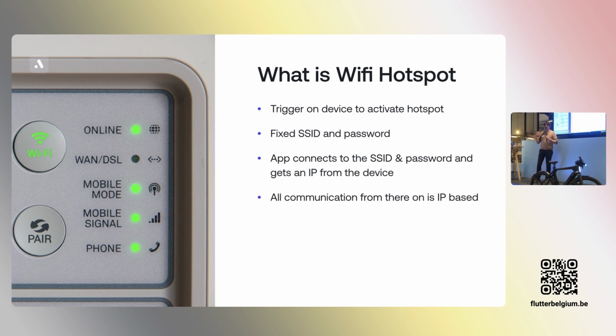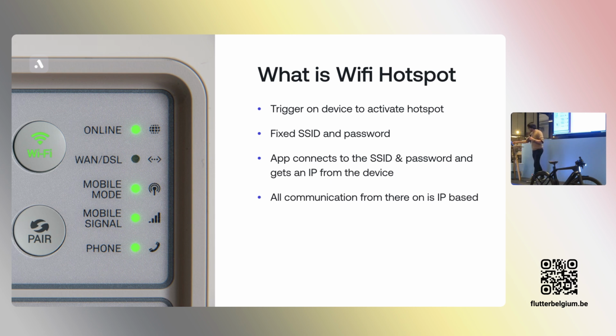That's a big hassle for users, because they have to read the manual, know which IP address to connect to, and what the password is, and that's where we used Flutter to streamline that whole experience.